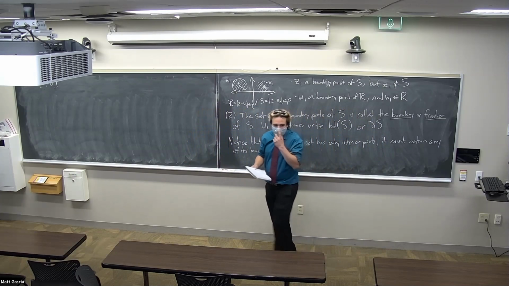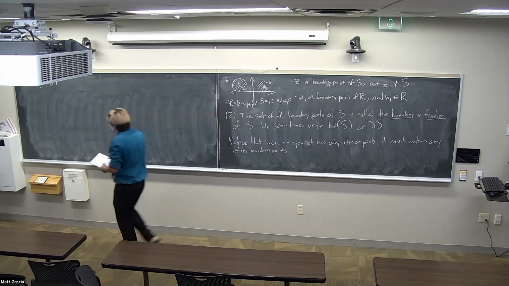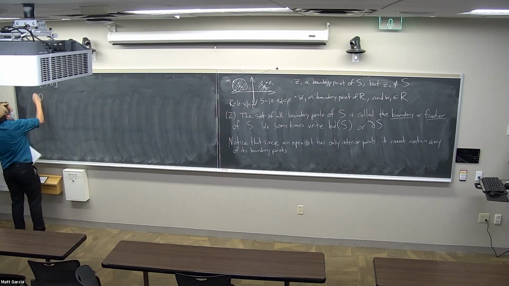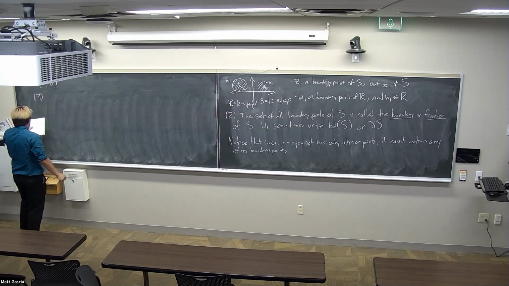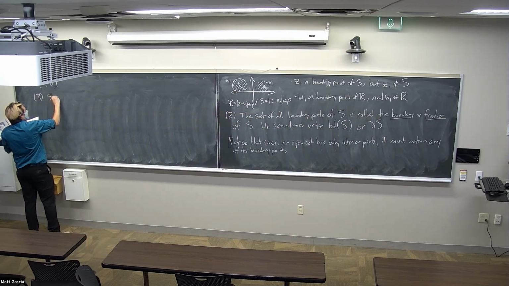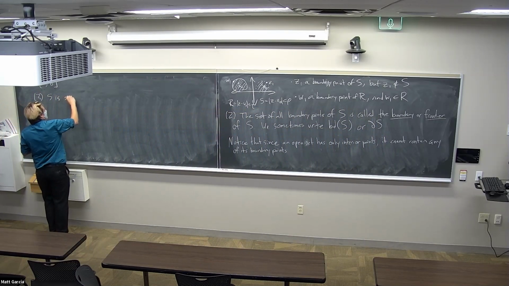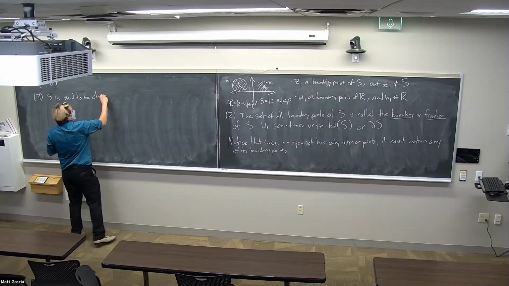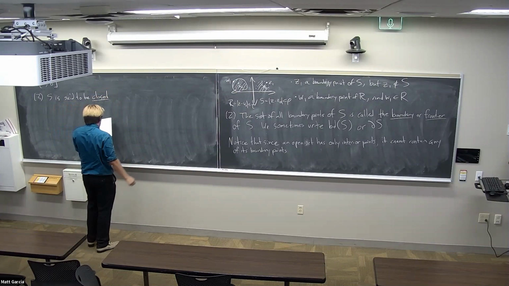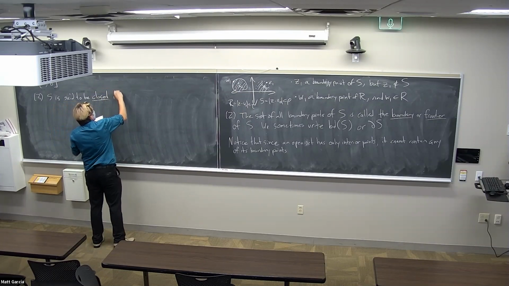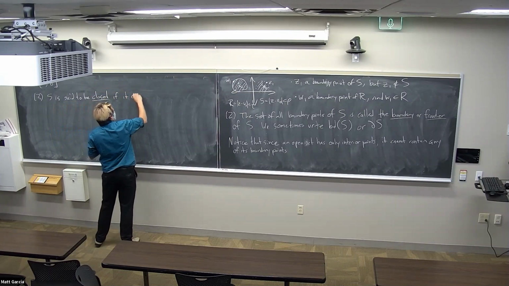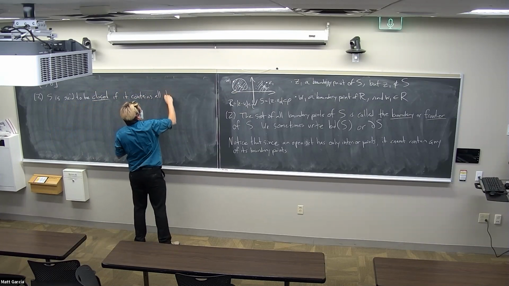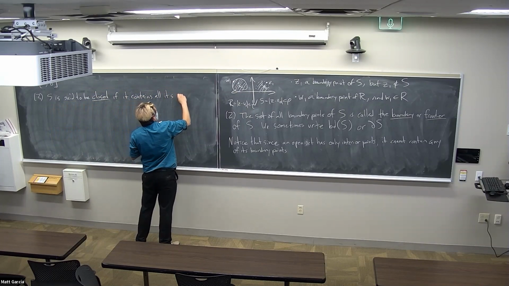Good. Okay, so this is definition 3 in this series of definitions. S is said to be closed if it contains all its boundary points.